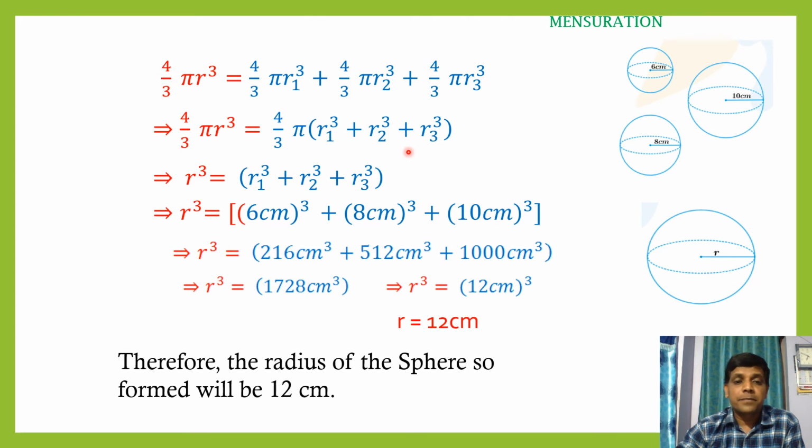Next step, R³ equals, are you clear? Here the equal terms 4/3 π cancel.